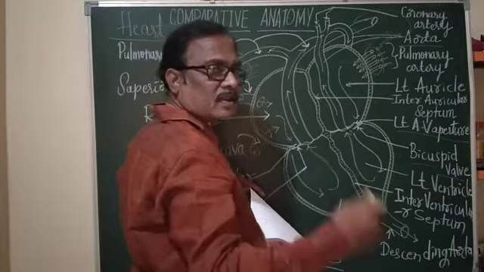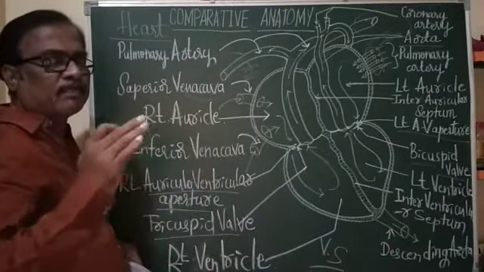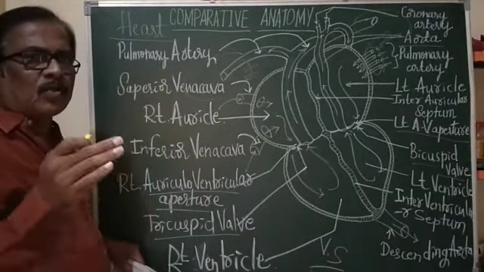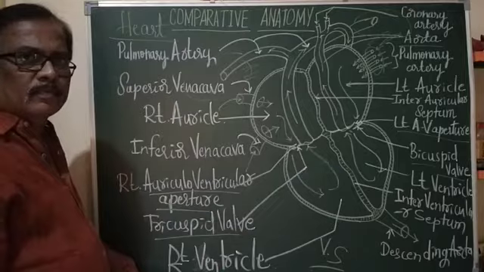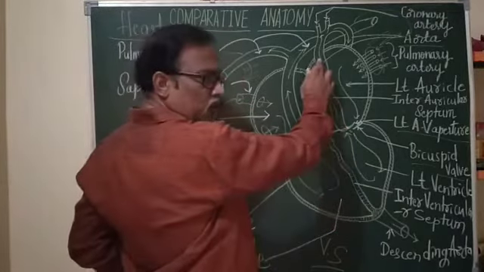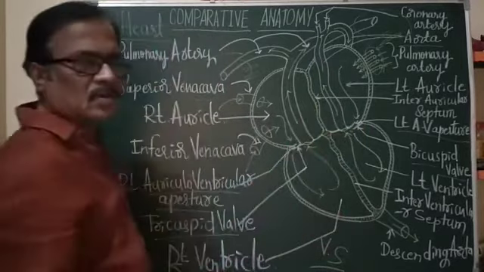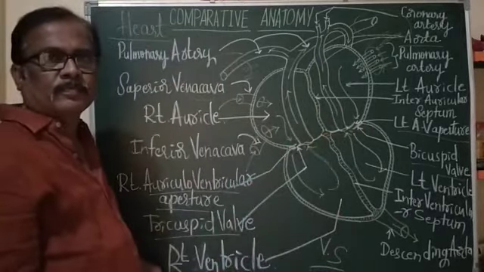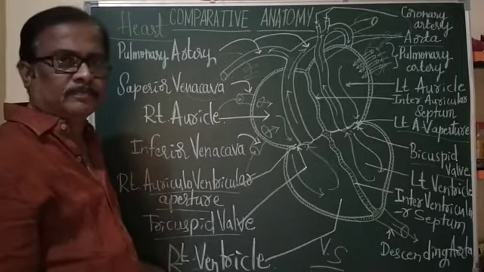That is also having the same function as that of the tricuspid valve, which prevents the backward flow of blood and only allows forward flow of blood. And from the left ventricle, blood is pumped into the aorta. The aorta and the pulmonary artery have three semilunar valves at their openings.